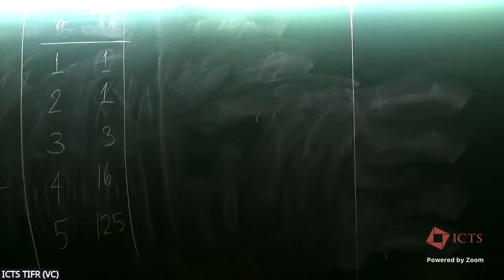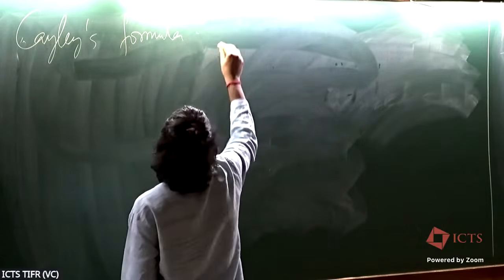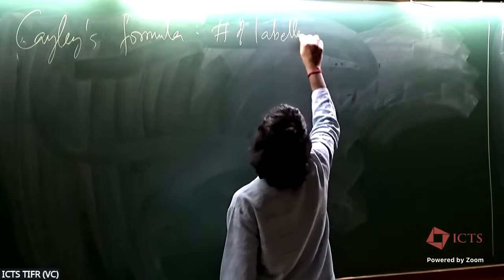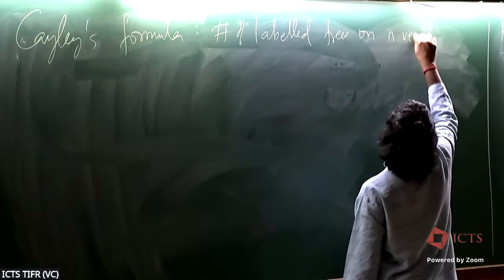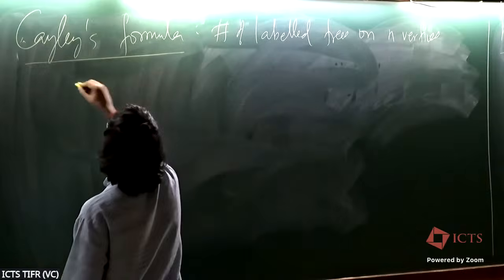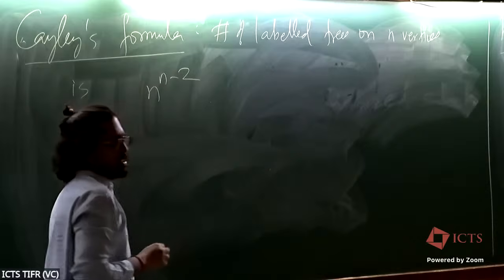So Cayley's formula, a very celebrated one, is that the number of label trees on n vertices is n to the power n minus 2, exactly.